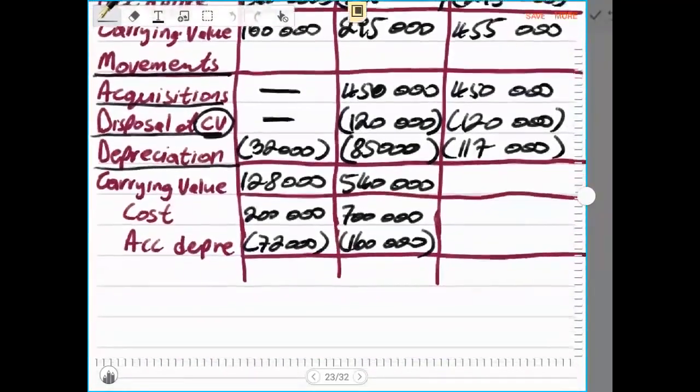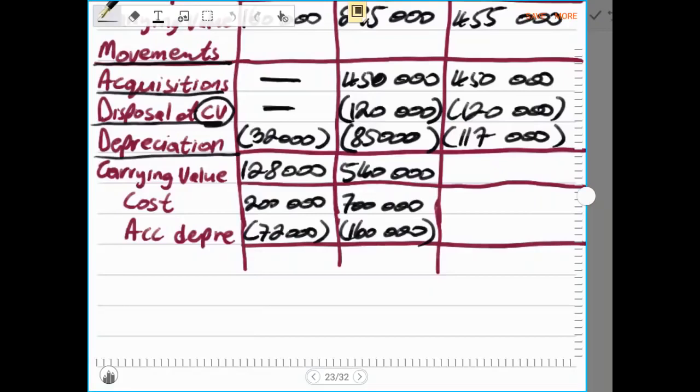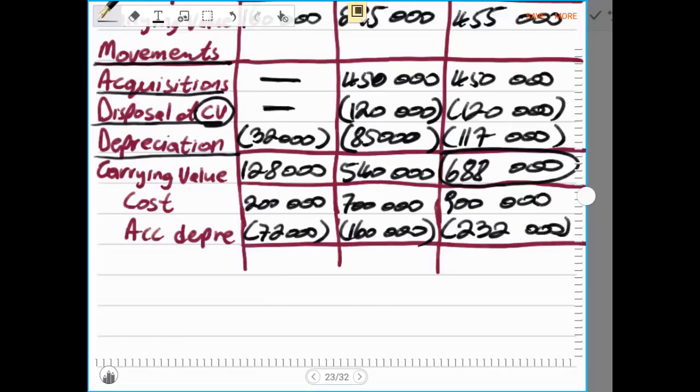Then after we have carrying value at the end of the year being 688,000 rands. Remember, this amount is the one that goes to the statement of financial position. Then we have the cost at the end of the year being 900,000 rands, and we have the total accumulated depreciation of 232,000 rands at the end of the year.